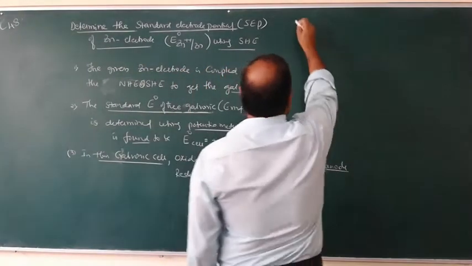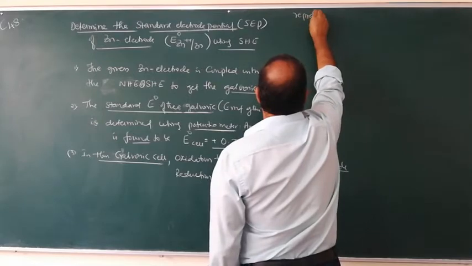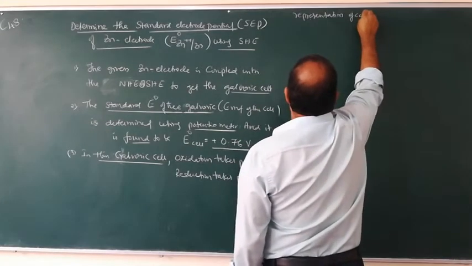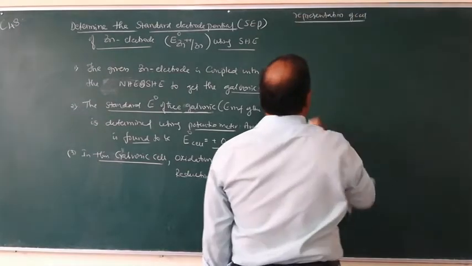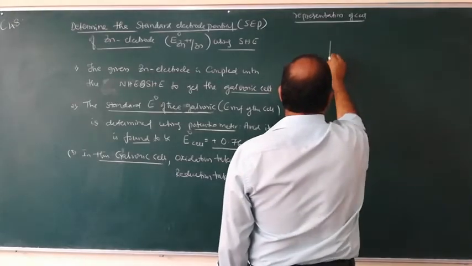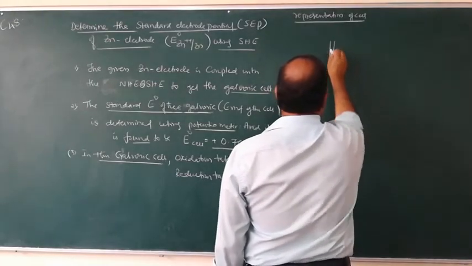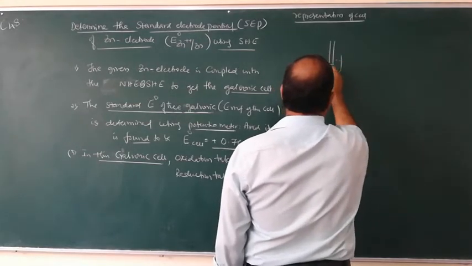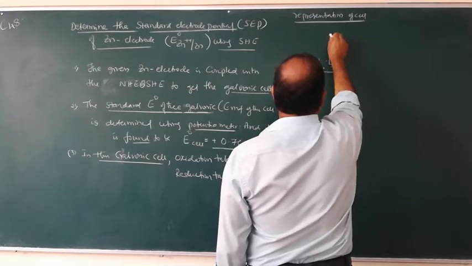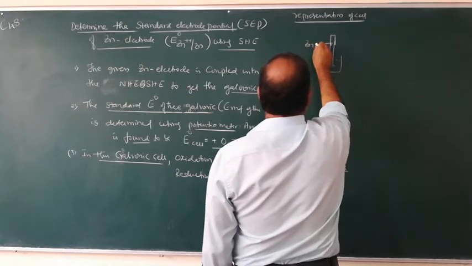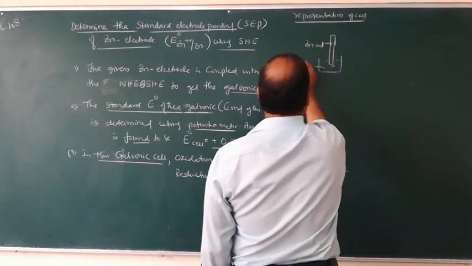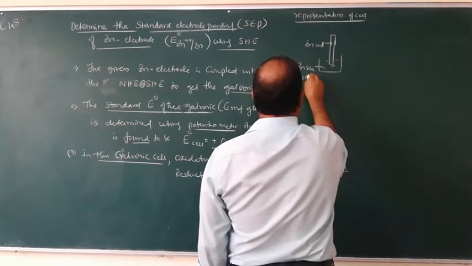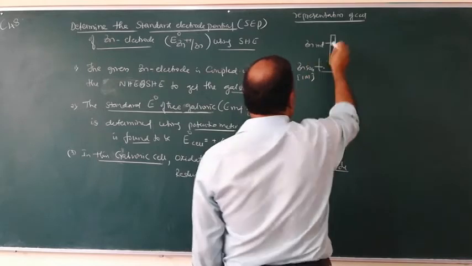So how is the cell represented? This is a zinc rod dipped in zinc sulfate solution of 1 molar concentration.